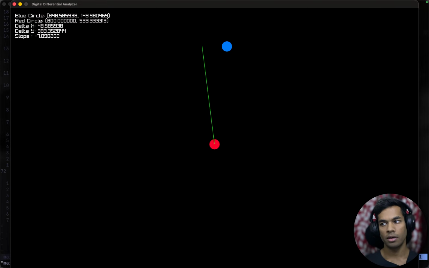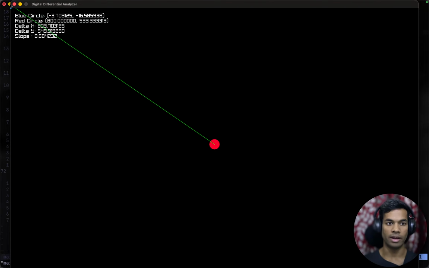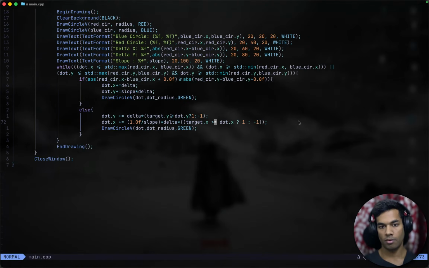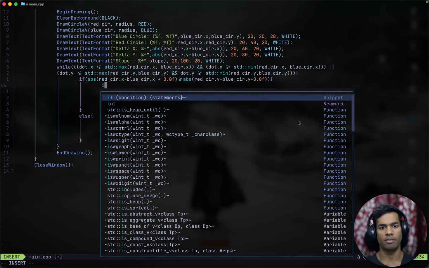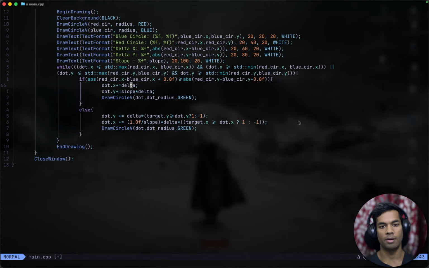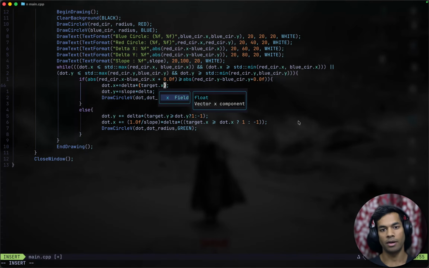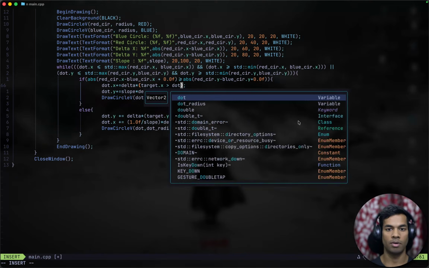Here we are moving in the x direction, but we are moving in the wrong direction in x. Why are we moving in the wrong direction in x? Delta multiplied by, depending on where the target is. Target dot x greater than dot x.